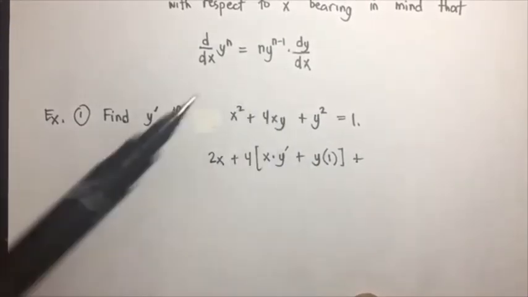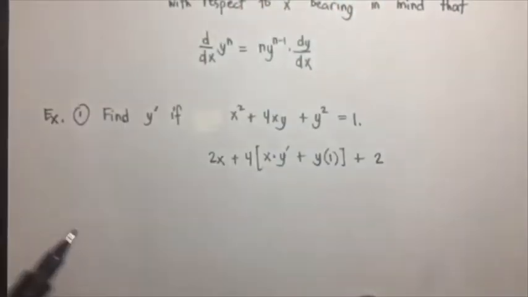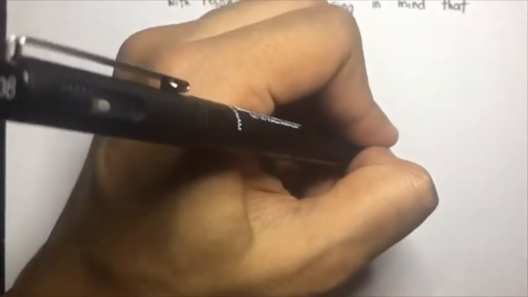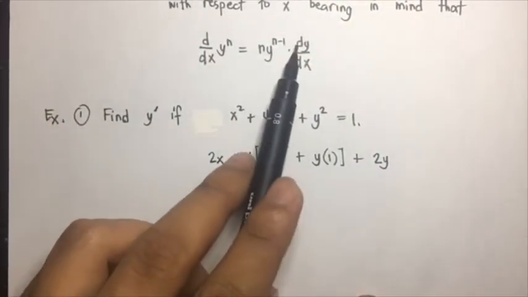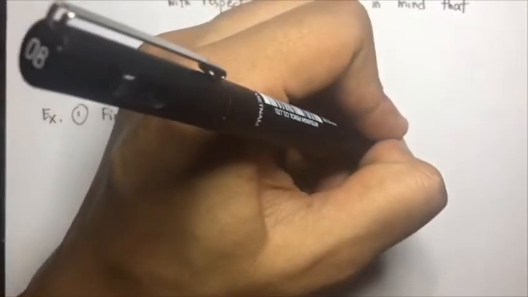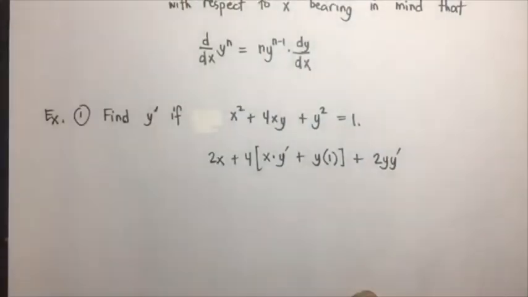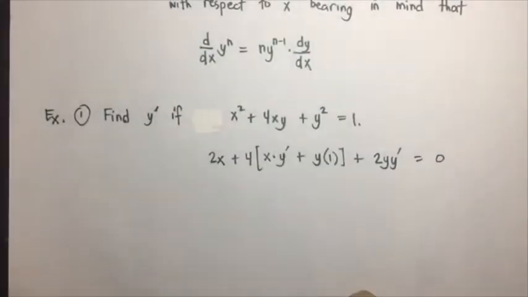Following this, this will become 2 times y raised to 2 minus 1. Okay, so that is 1. And then times dy over dx. So dy over dx is still y prime. Okay, is equal to derivative of a constant. So we have 0.